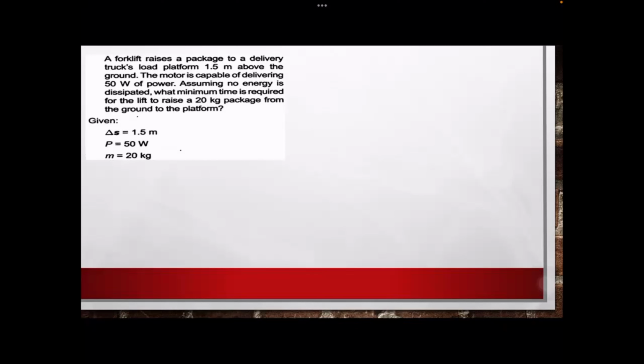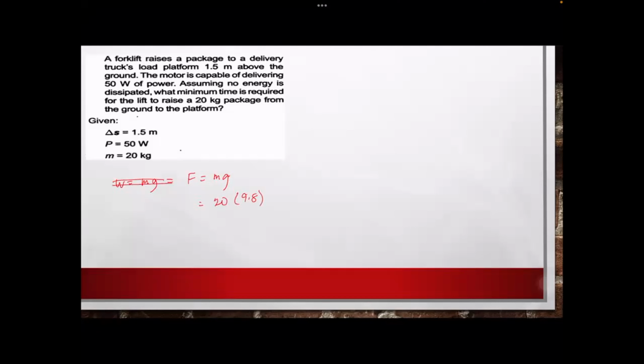So gamitin ulit natin yung W is equal to mg, or the force is equal to mg, which is the mass natin, 20 times 9.8.